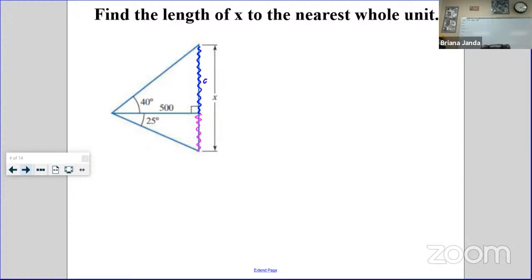So I could, again, call them like A and B. And ultimately, then X is going to be the sum of those. So I need to find what those are separately. Given the two pictures that we have, you're just going to kind of ignore the second picture. I'm going to look at this 40-degree angle first. A would be opposite, 500 is adjacent.